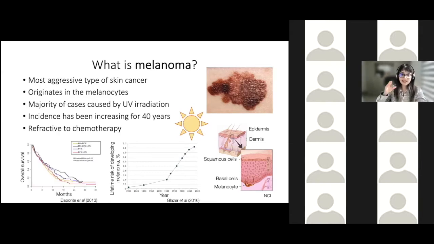Finally, another important thing is that it is highly refractory to chemotherapy. That means it's resistant to chemotherapy, and that may have to do with the embryonic origin of these cells, melanocytes, and also their job, which is resisting mutations, because they produce melanin and they're a line of defense in our skin.